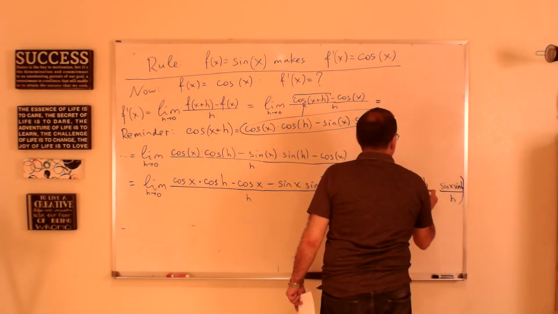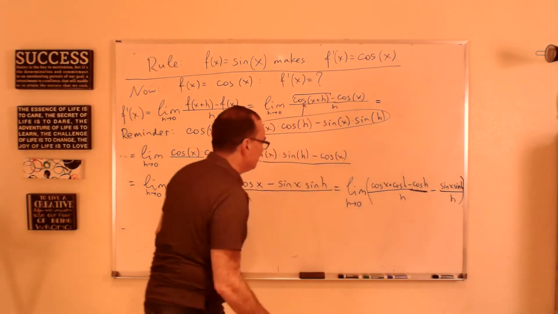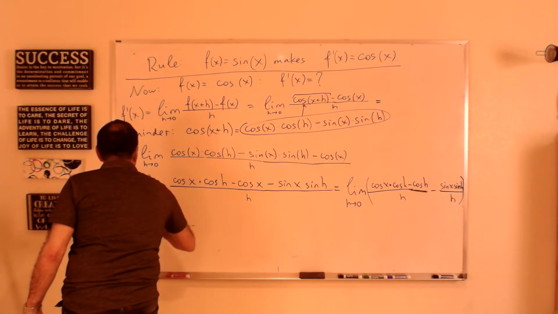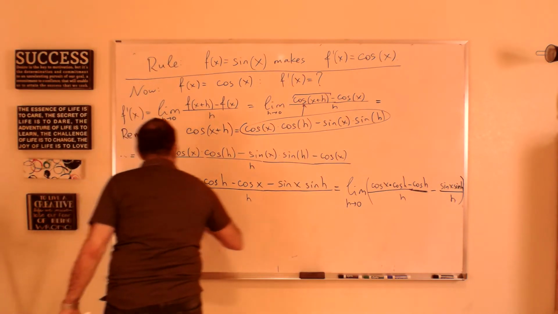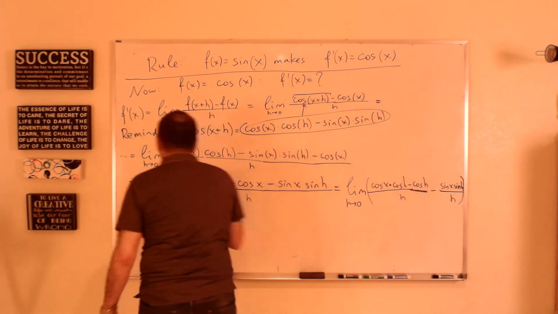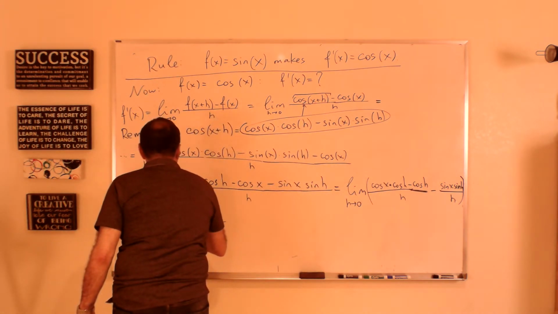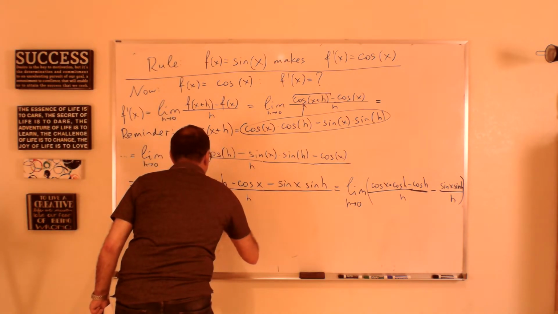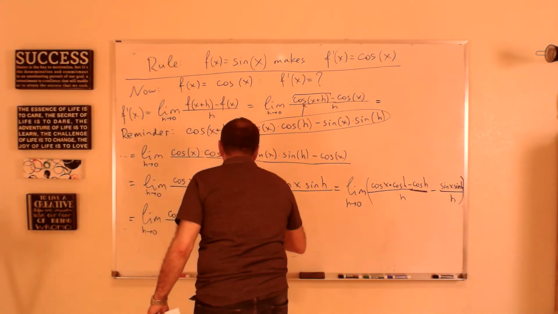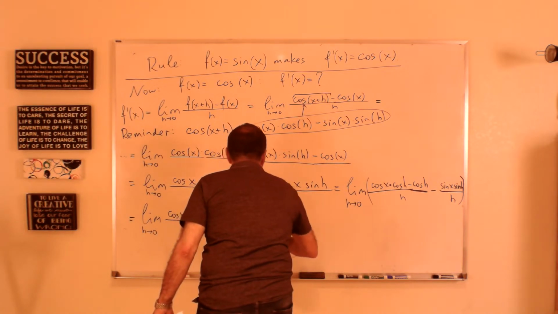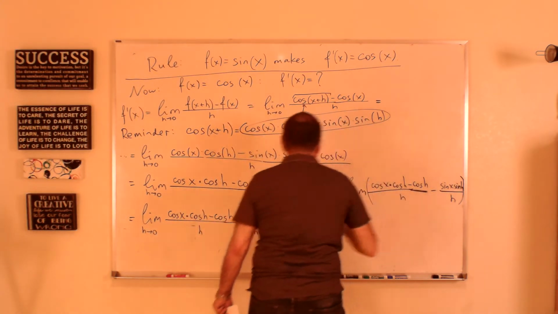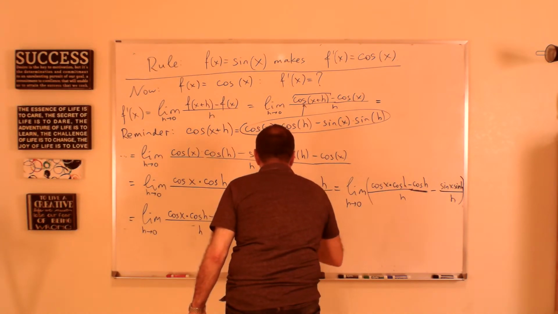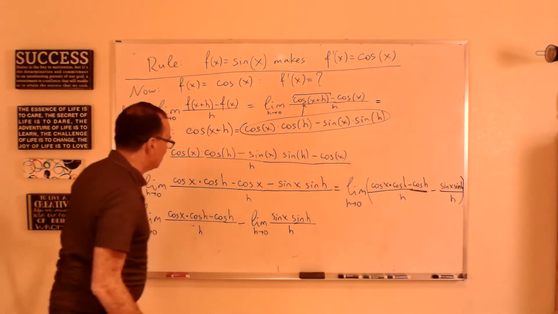So the limit of a fraction minus another fraction splits as the limit of this minus the limit of this. So it will end up as the limit as h approaches 0 of cosine x times cosine h minus cosine x, all of that over h, and minus the other limit as h approaches 0 of sine x sine h over h.